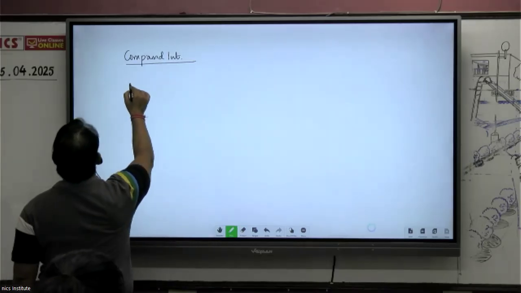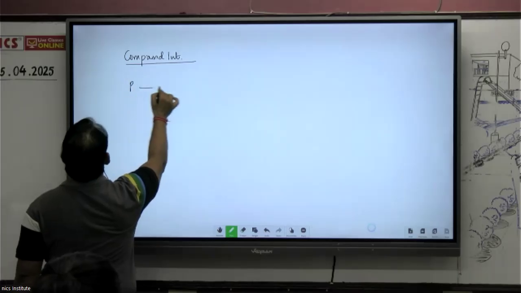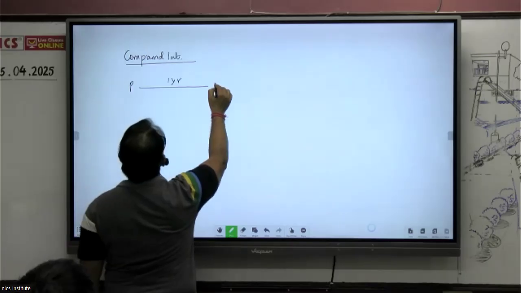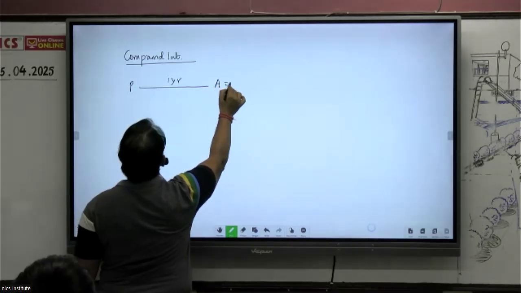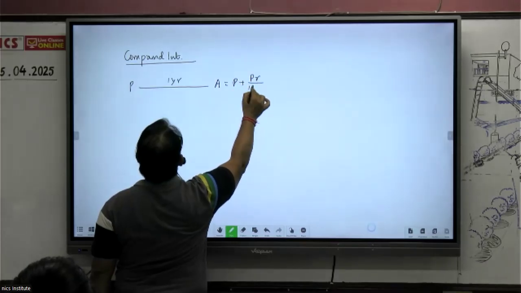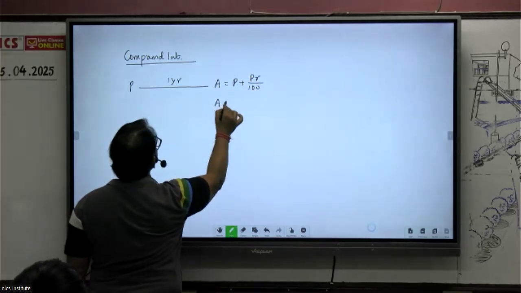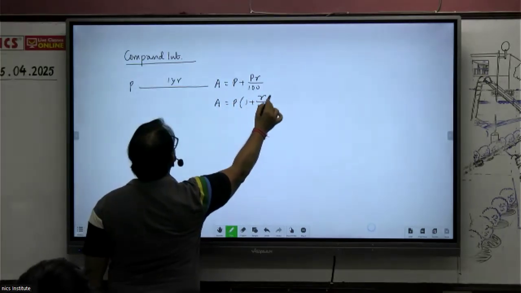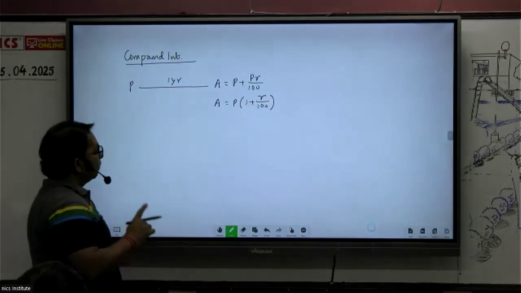That is, if P is the principal, after 1 year what will be the amount? Amount would be principal plus PR by 100. That is, amount due after 1 year would be P into 1 plus R by 100.